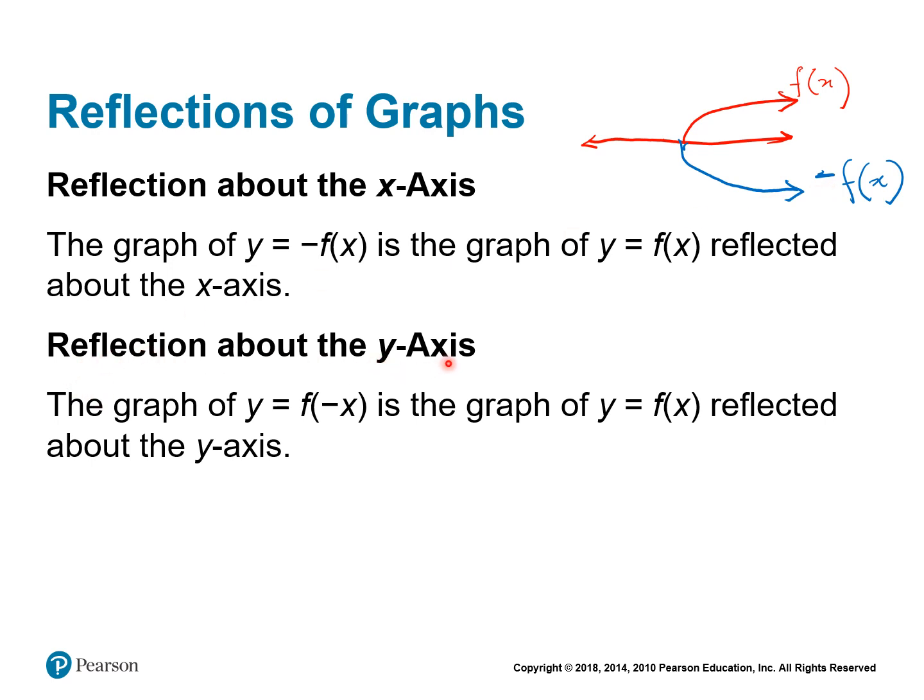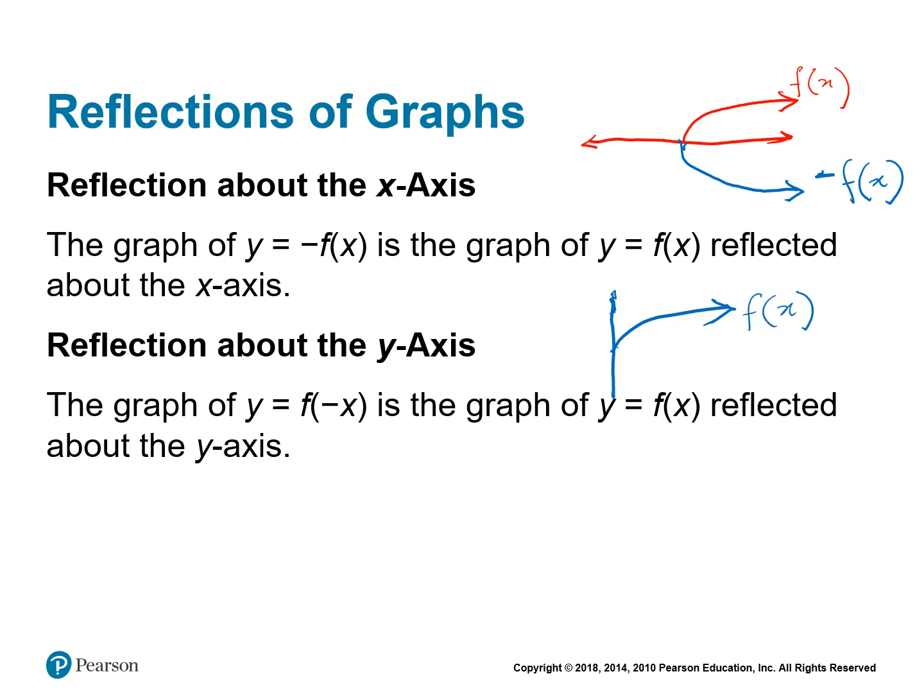Reflection about the y-axis. In this case, the mirror is our y-axis, which is the vertical axis, correct? So if we have a graph which goes like this, all right, let's say this is the graph of f of x.